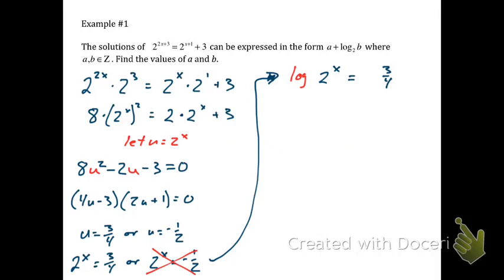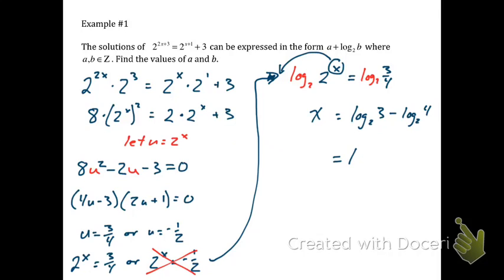Now, again, I've got my eye on the finish line, which involves a log base 2. So what I'm going to try and do is log base 2 both sides of this equation. And my exponential log law will throw that x down in front as a constant multiplier. Log base 2 of 2 is 1, so that's just x equals. Now I'm going to use my other log laws, and I'm going to break this up.